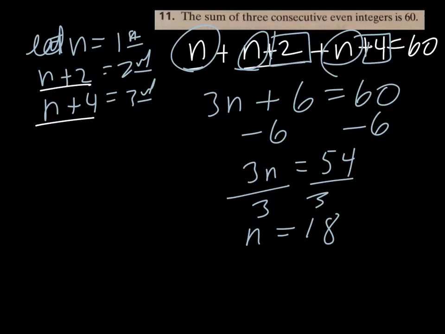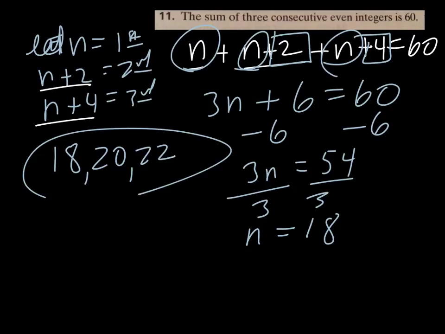Now, we're not done there. First number is 18, consecutive even, next is 20, next is 22. Check it, add them together. Is 18 plus 20 plus 22 equal to 60? It does. There's our answer.